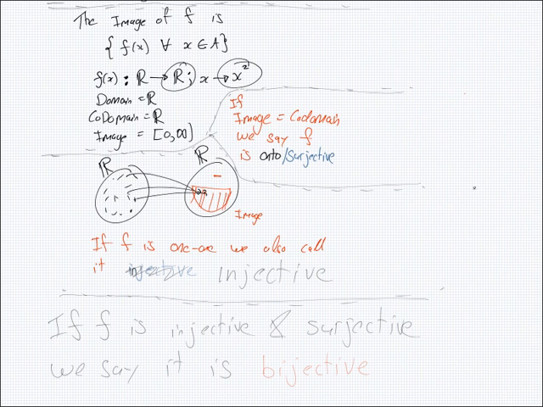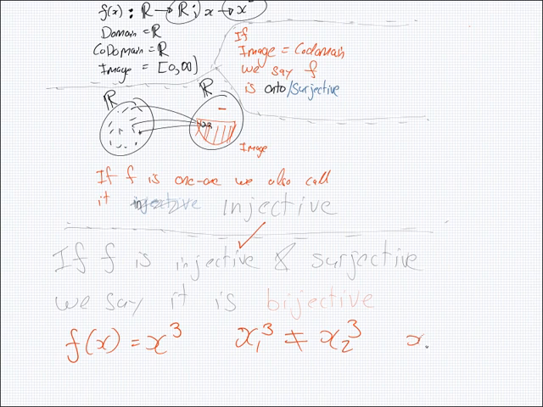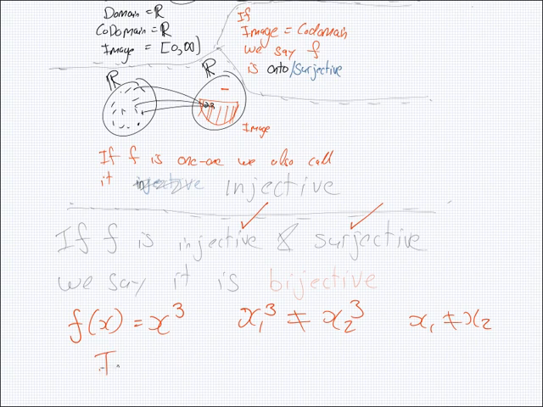Can you give us an example? Yes. This is bijective. Firstly, it's injective because x1 cubed never equals x2 cubed if x1 and x2 are different. It's also surjective because the image is equal to R.